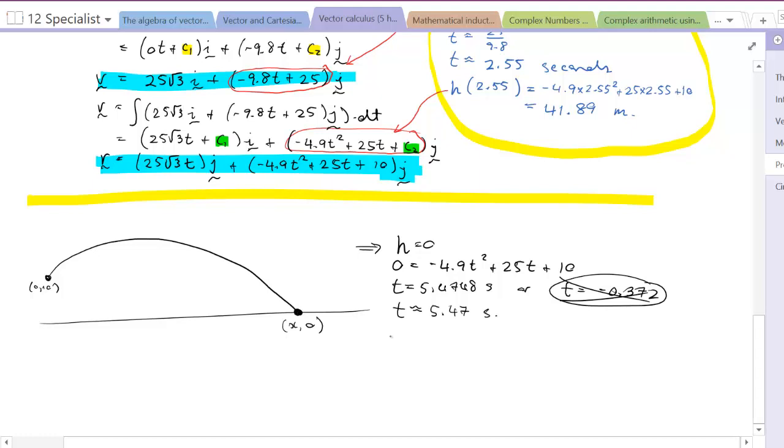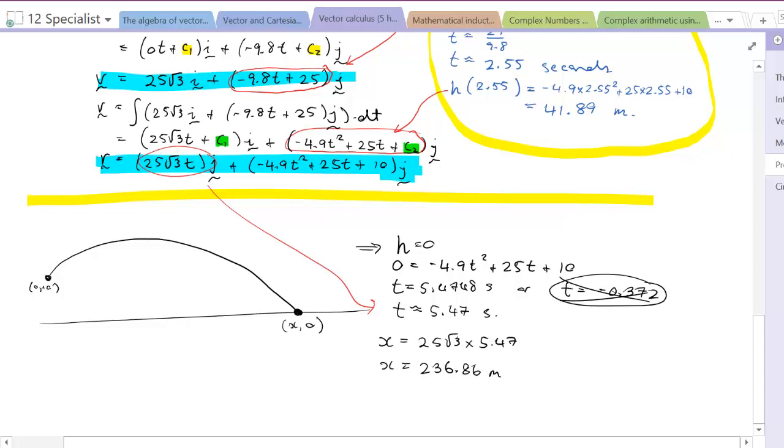So we're saying that x, that horizontal distance, will be 25 root 3 multiplied by t, because that is the equation that allows us to calculate the horizontal distance. So multiply by 5.47, and we get a horizontal distance of 236.86 meters.